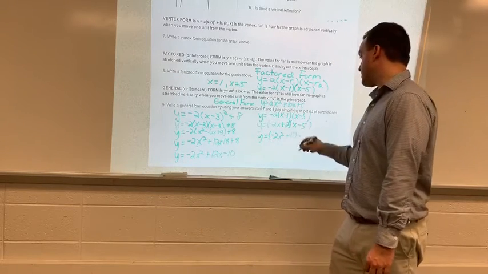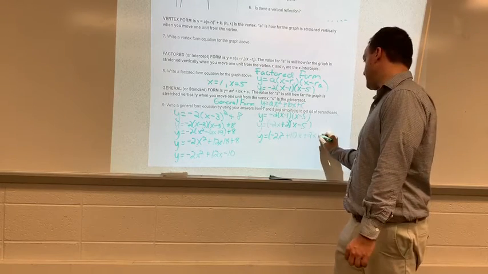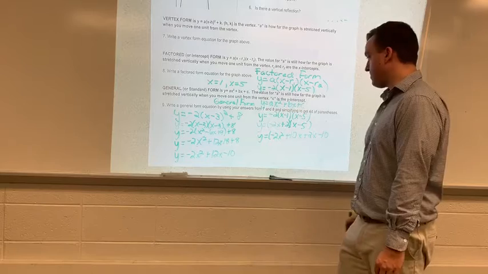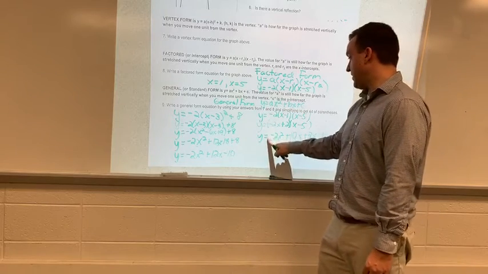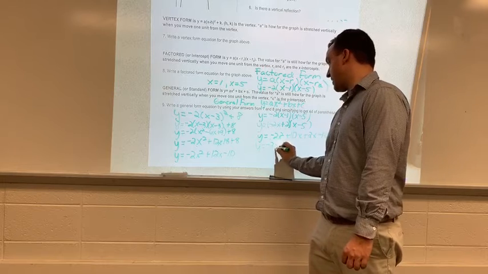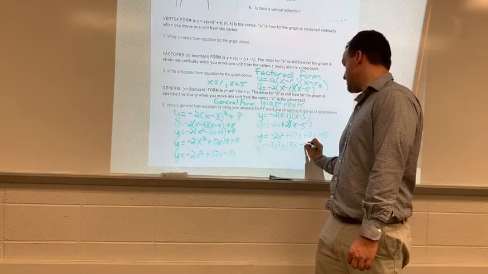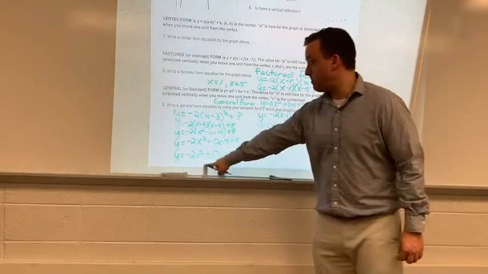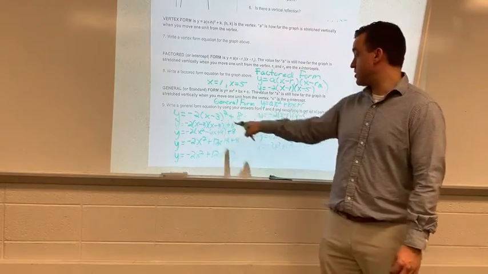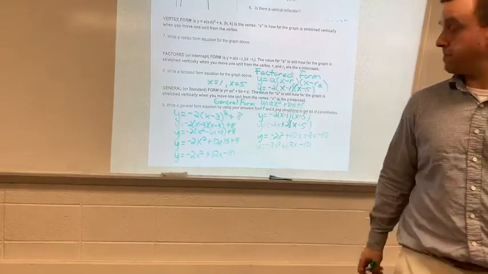And then plus a 2x. And then minus 10. In adding all that together, we get y equals -2x squared plus 12x minus 10. And we see both of our forms, the vertex form and the factored form, give the same standard form.